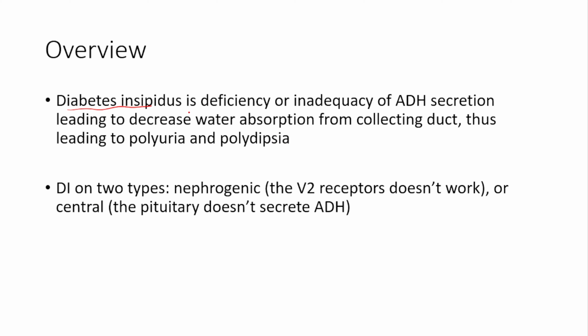In diabetes insipidus, there is deficiency or inadequacy of the ADH hormone secretion, leading to decreased water absorption from the collecting duct, thus leading to polyuria and polydipsia. Because less water is absorbed, the urine volume increases, and it would also lead to polydipsia.